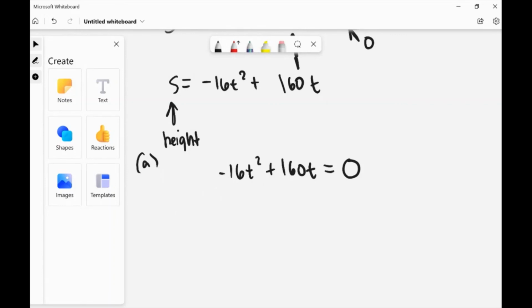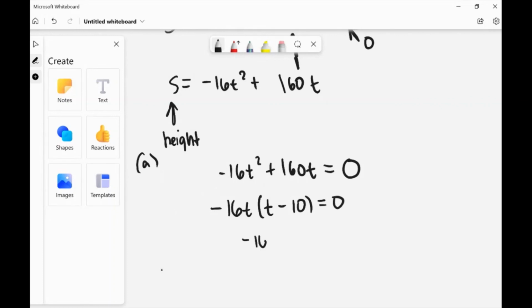You have to factor it. Yeah, let's do that. What would you factor out first? 16t. Okay. Let's do negative 16t and see what happens. So that'll be t, and what else? Minus 10. Yeah, let's do that.